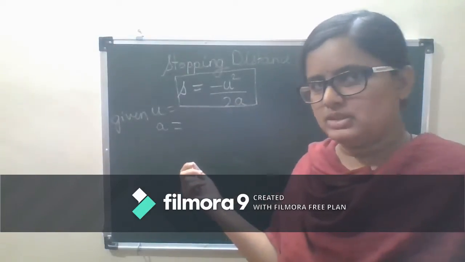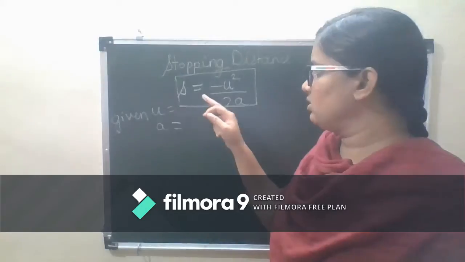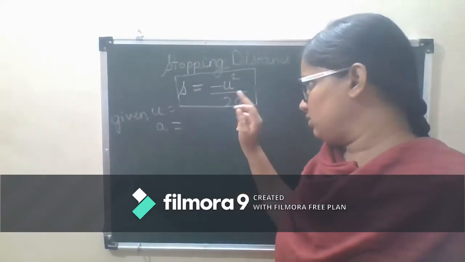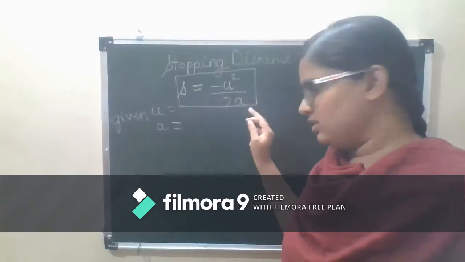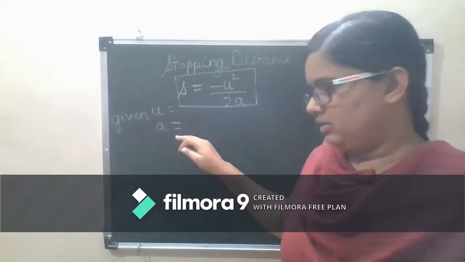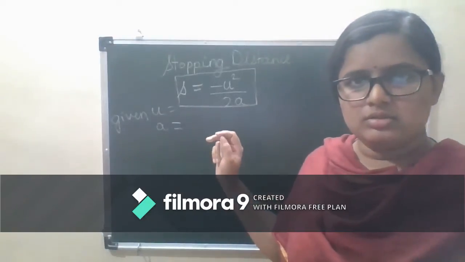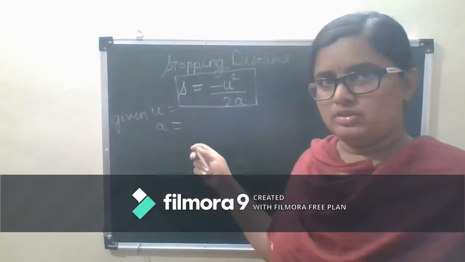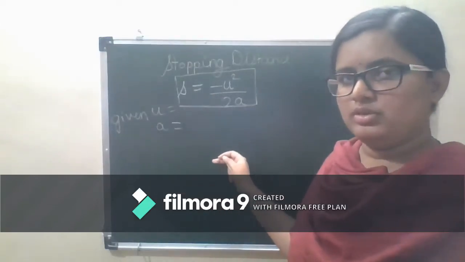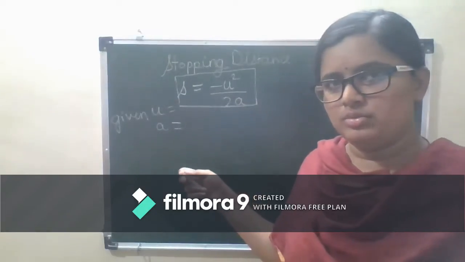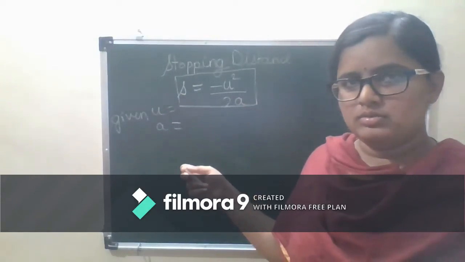If u and a are given, then the stopping distance s is minus u square upon twice a. If you have been given the terms u and a, then use this directly instead of applying the third equation of motion.